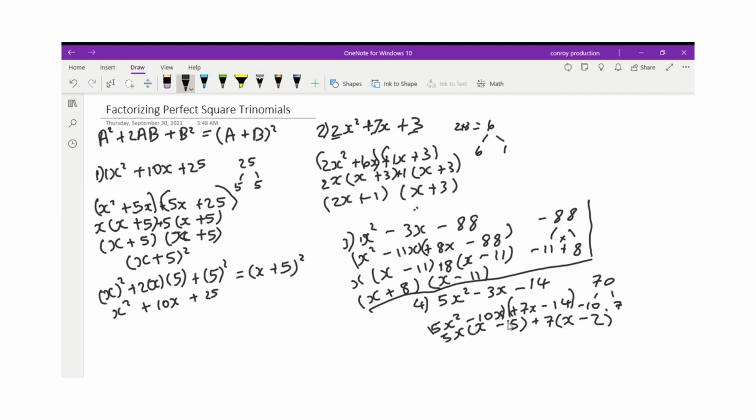Oh, this right here should be a minus 2. Alright, so in wrapping up, we will have 5x plus 7 in a bracket, then we have x minus 2, and we close.